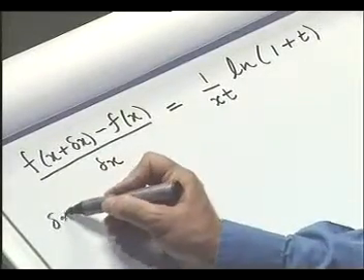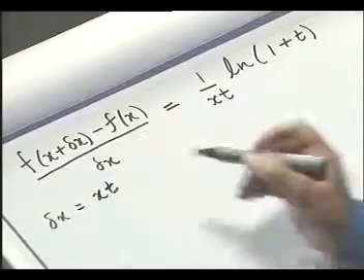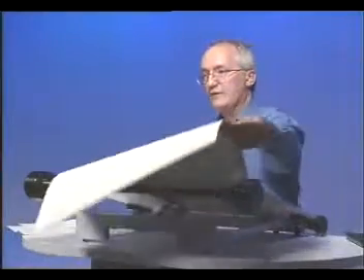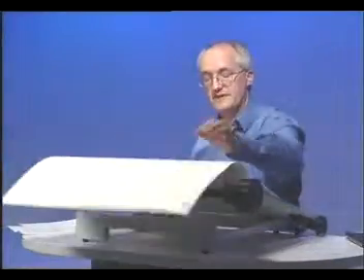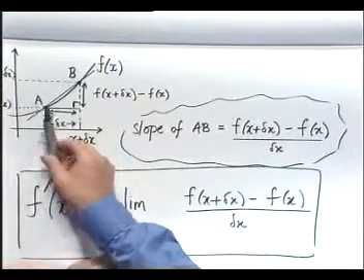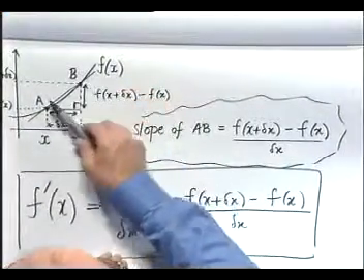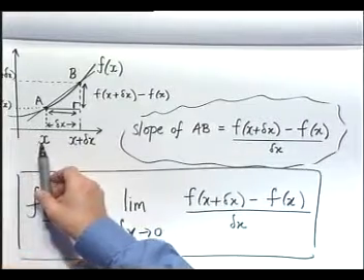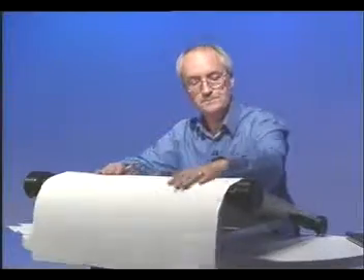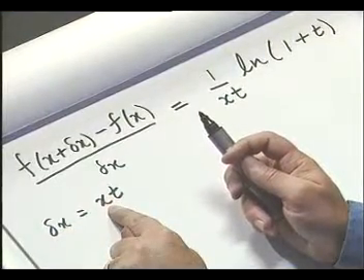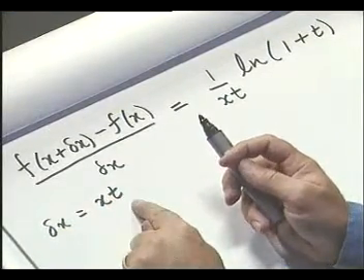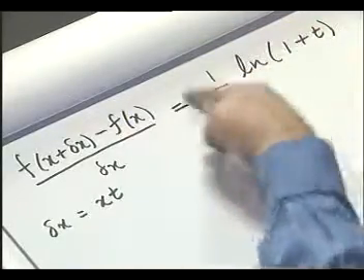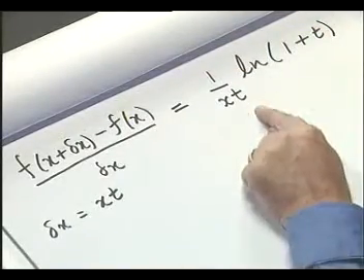Remember that delta x, we've said, was x times t. Remember also that x is a fixed point. We remember that from right back at the beginning when we came up with our formula for differentiation from first principles. The point A was a fixed point. It was B that was the variable point. So A was fixed, x was fixed. Now, if delta x tends to 0 and x is fixed, that means that t must tend to 0 as well. So in this process over here, we must let t tend to 0.